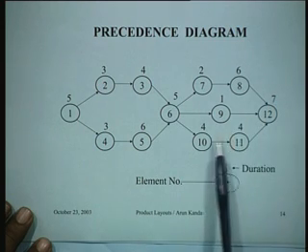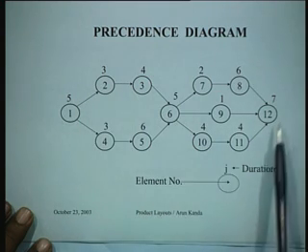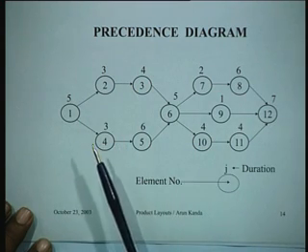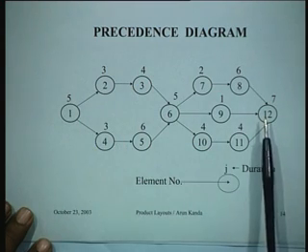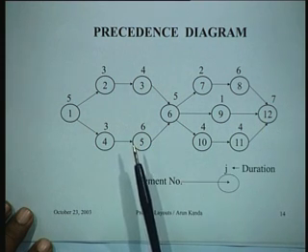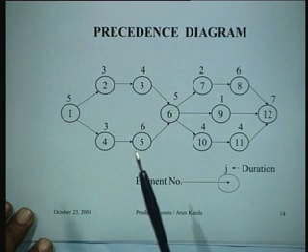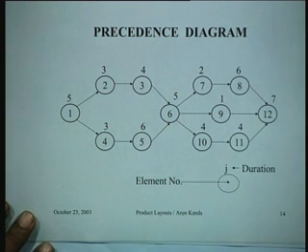And what is the total time required for all the operations? That would be the sum of the times of all the operations, which is 50. So any assembly line for this precedence diagram will have a cycle time which will range between 7 and 50, right? So this defines the limits on the cycle time for any design.